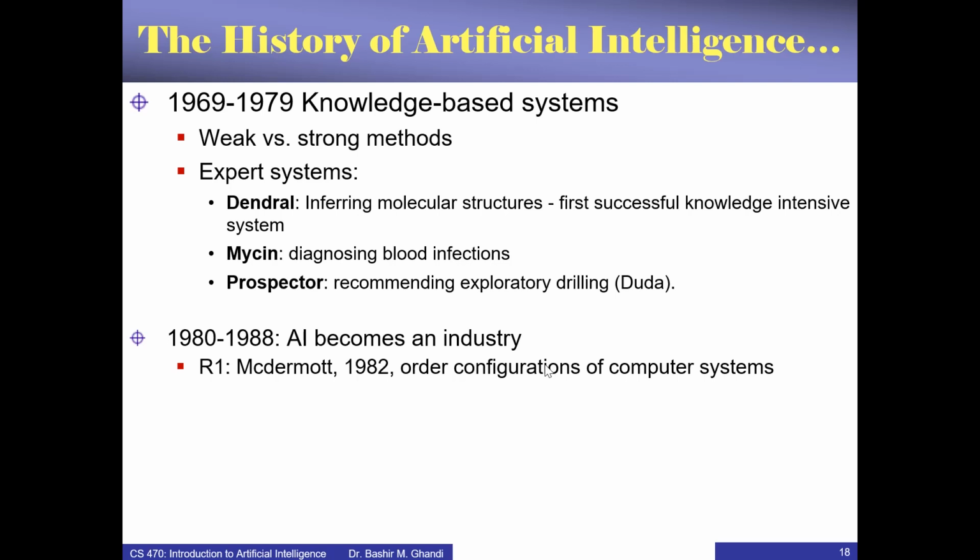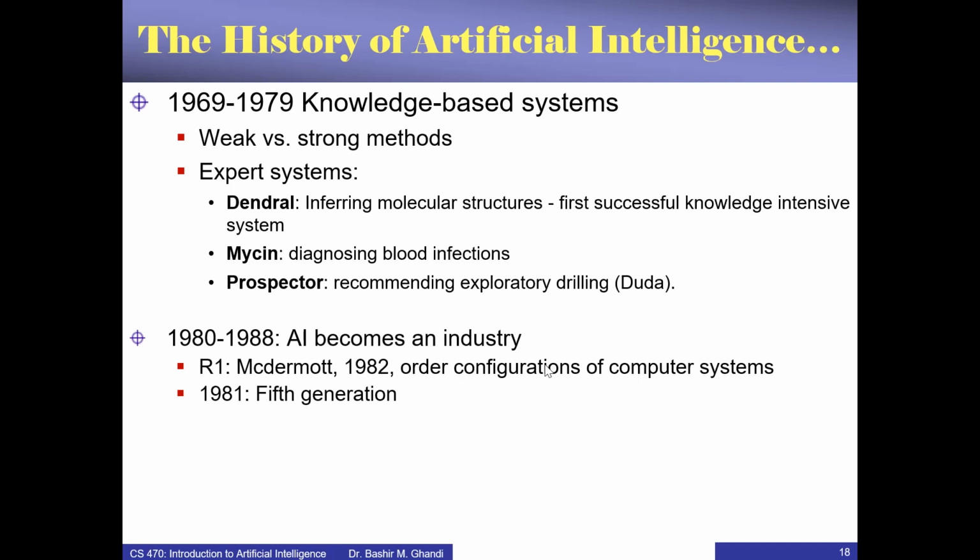And very soon, by 1988, nearly all major US corporations had either an expert system developed for their company or were investigating the process of having one to support their operation. So AI really became an industry in this period.